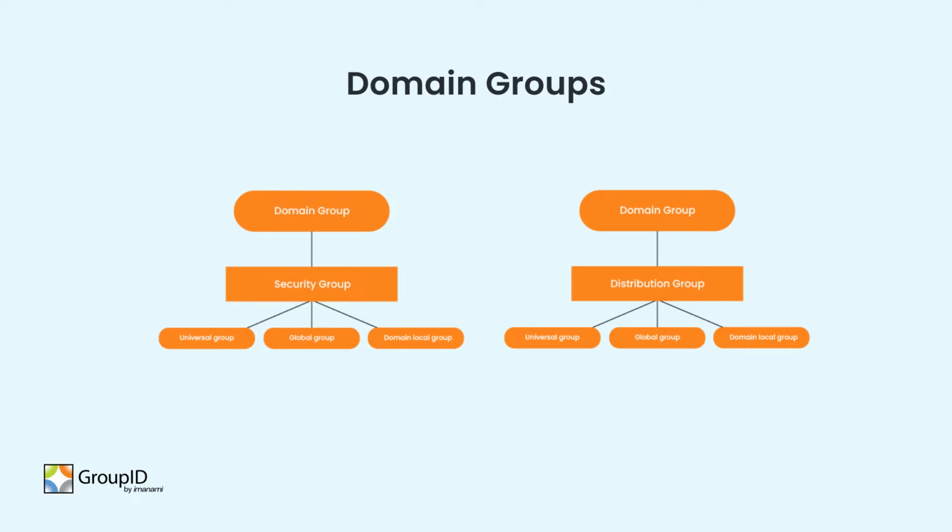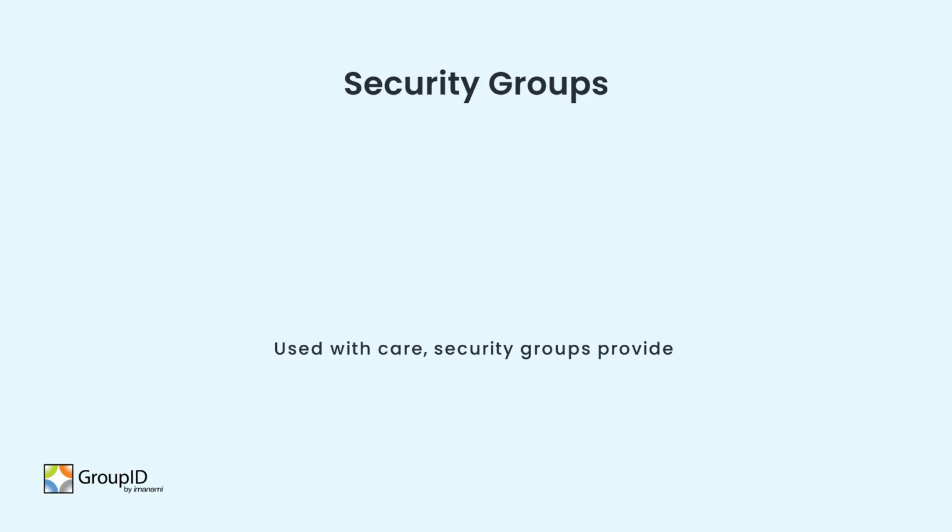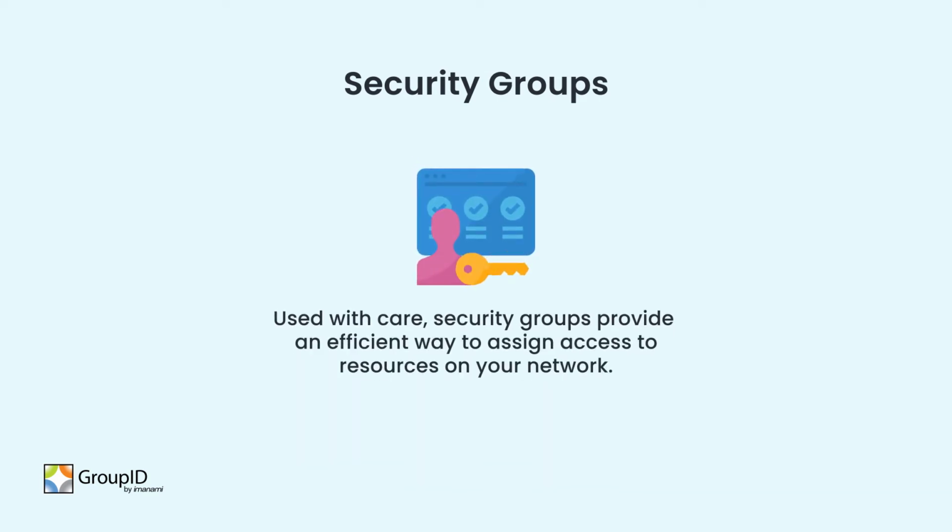When creating a new Active Directory group, you will need to choose between a security and distribution group, as well as choose the group scope. You use distribution groups to create email distribution lists and security groups to assign permissions to shared resources. Security group. Used with care, security groups provide an efficient way to assign access to resources on your network.